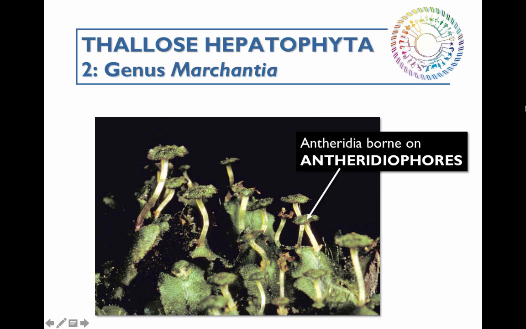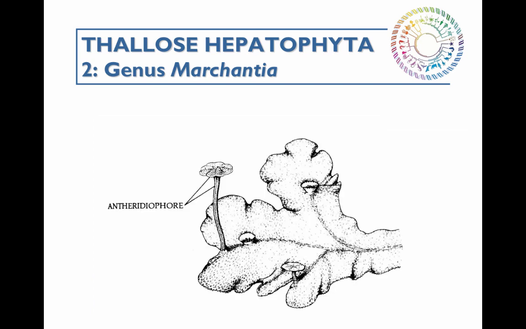So what we're looking at in this photograph is a male gametophyte, a gametophyte which is only producing antheridia with sperm inside. Here's a diagram showing the same structure, this umbrella-like antheridiophore growing from the upper surface of the thallus gametophyte.